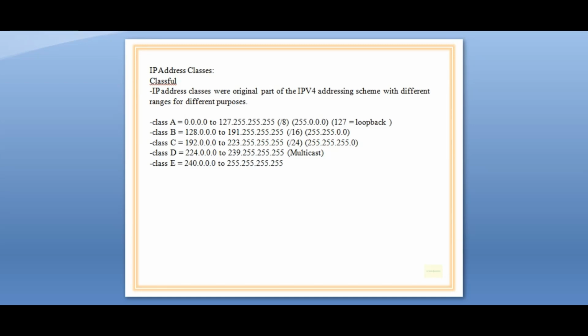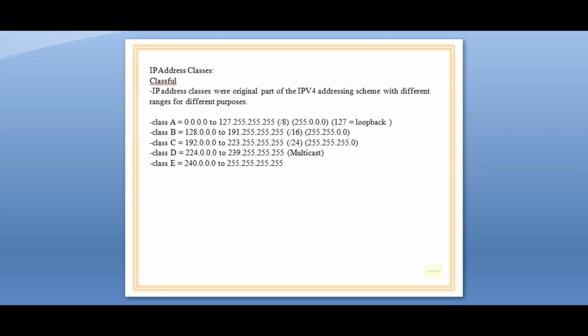Class E extends from 240.0.0.0 to 255.255.255.255. These were initially reserved for experimental purposes and were never officially allocated for public or private IP addressing.